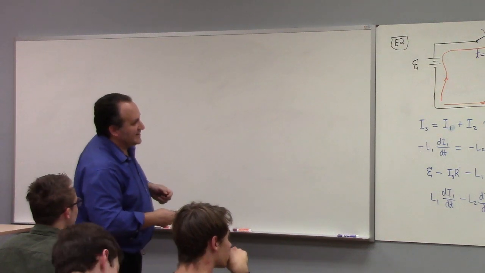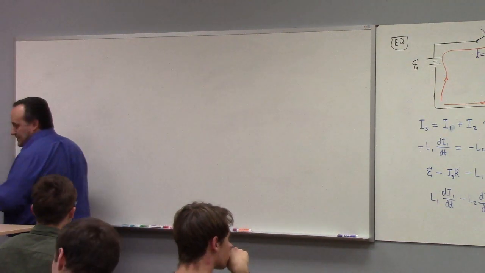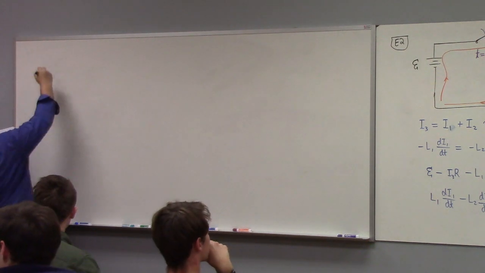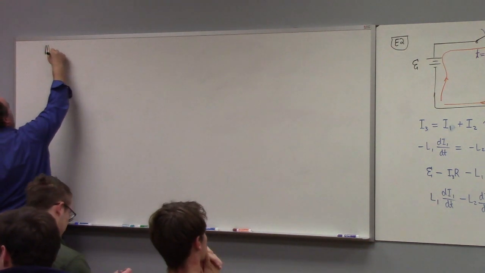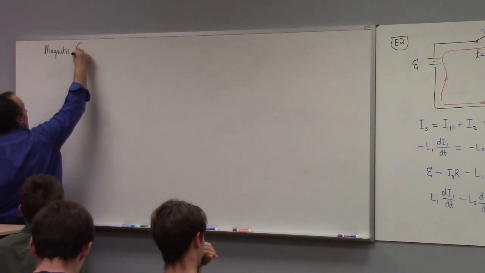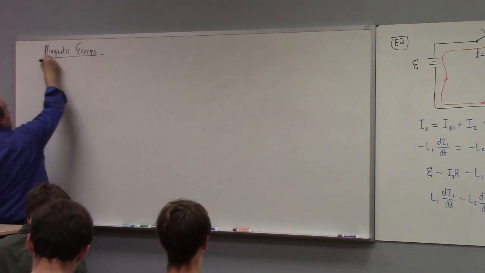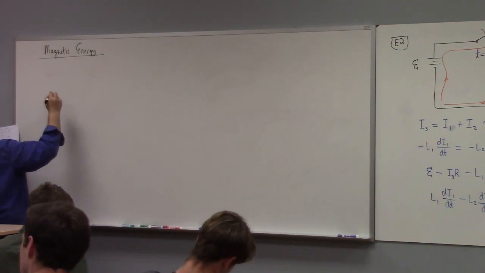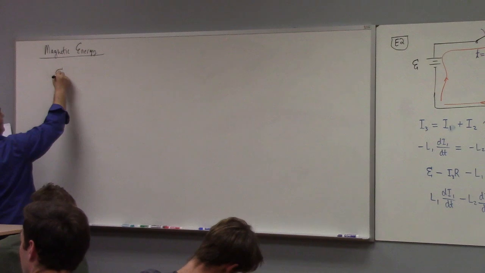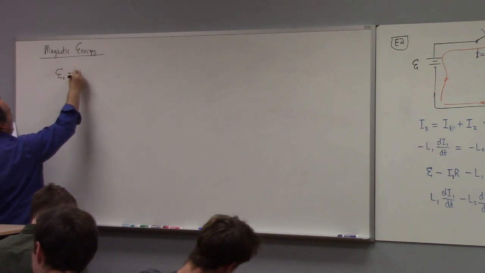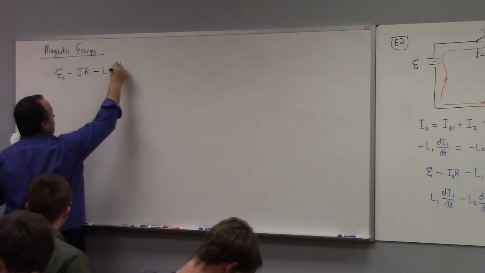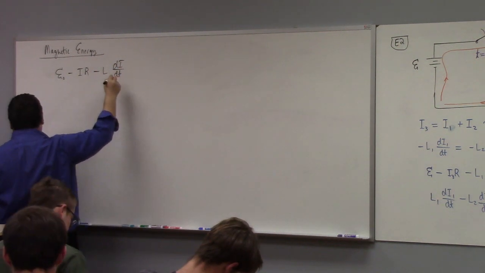So, next example. But actually, this next example is not just an example, it's magnetic energy. So let's talk about magnetic energy. All right, so we'll start with the RL circuit. We have the voltage source minus IR minus L di dt is equal to 0, right?